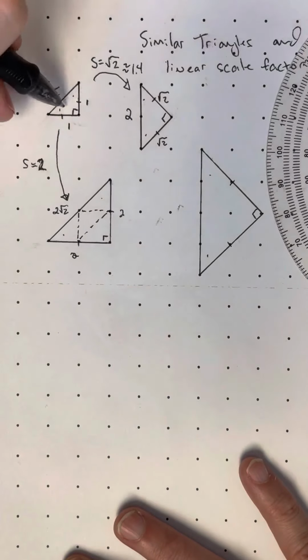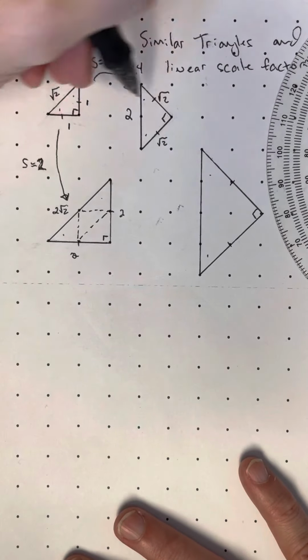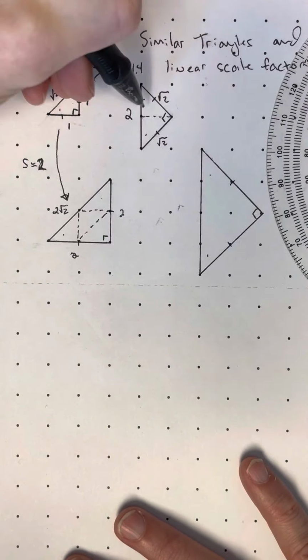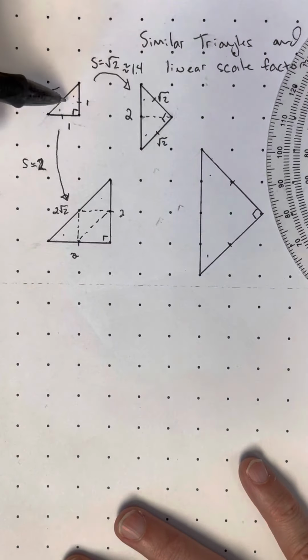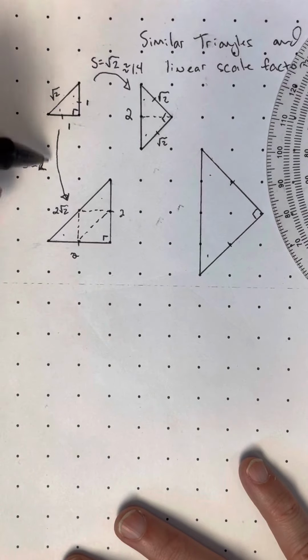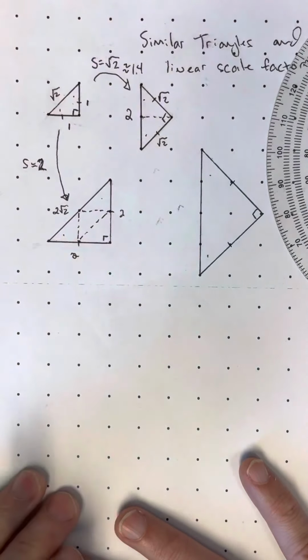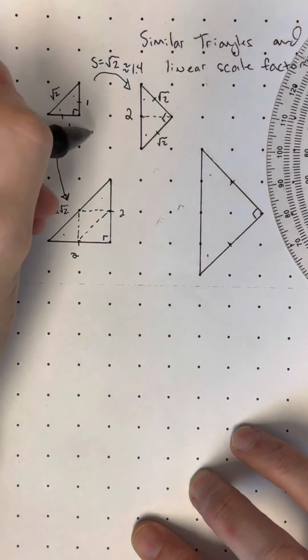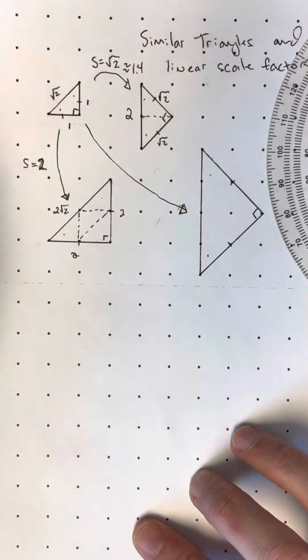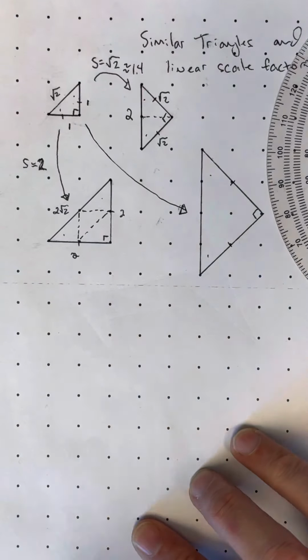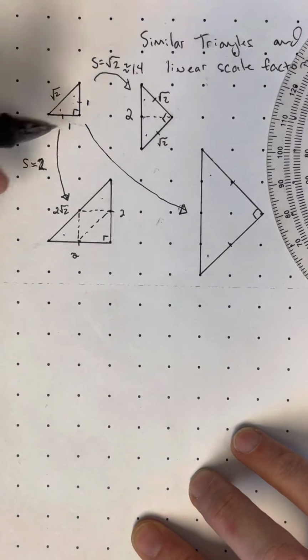And what's interesting here is, notice this guy is 2 copies of that, if I split it up. So in this case, the area is being doubled. In this case, the area is being quadrupled. The linear scale factors are 2 and square root of 2. Okay, so how about from this one to this big one here? What's the scale factor there? Well, we can do the same thing.